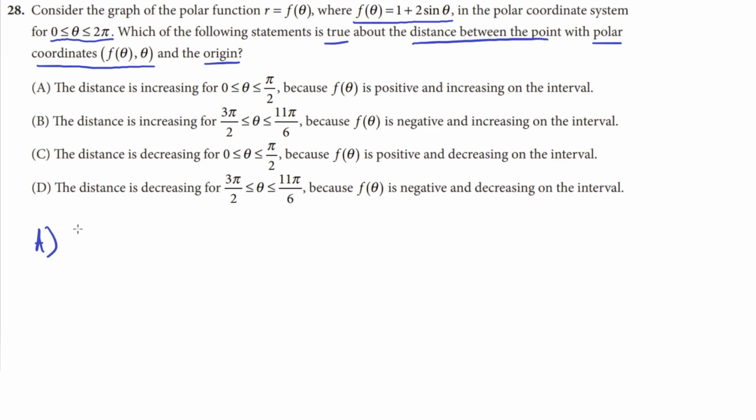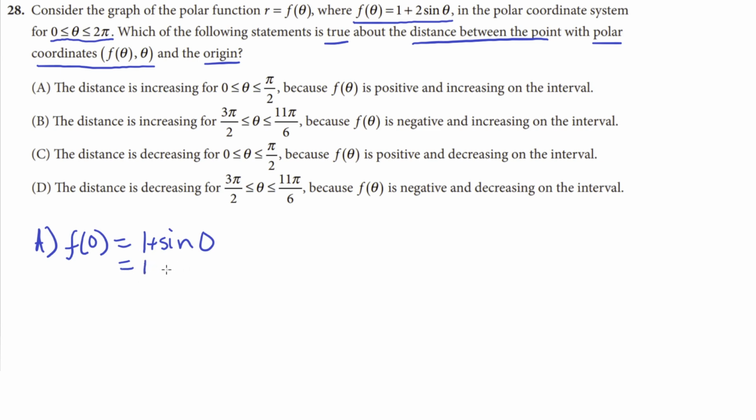So we can calculate that. Let's find the value of f of 0, where theta equals 0. If we plug that into the equation, we have 1 plus sine of 0, and we know that sine of 0 is just equal to 0. So we're just left with 1.